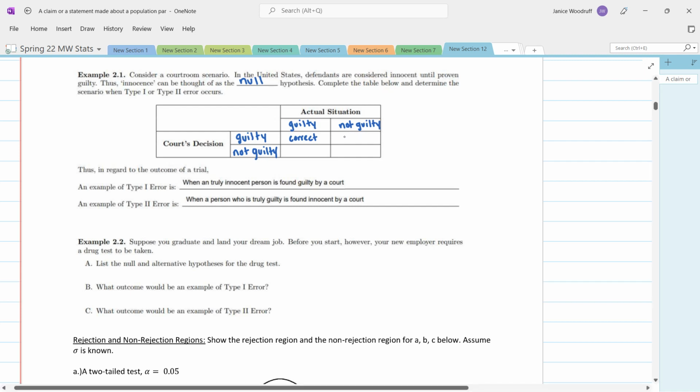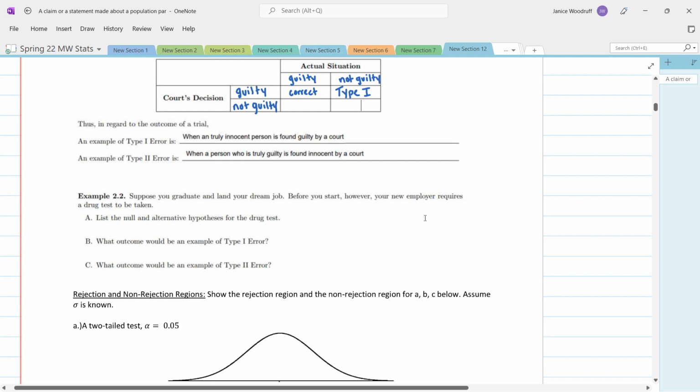That would be a type 1 error. A type 1 error is when a truly innocent person is found guilty by the court. So the null hypothesis is true, that you're really not guilty, but the outcome is false. They say you're guilty.